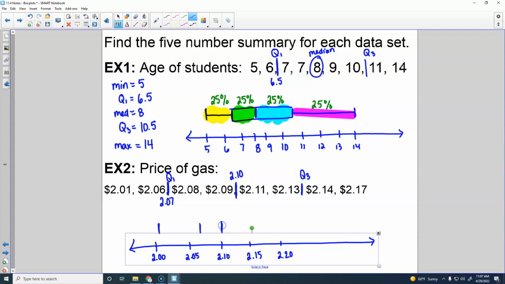210 is my median. What's my third quartile? 12's not between 13 and 14. What's between 13 and 14? 13 and a half, so 2.135. So 2.135 is probably about right here. And then 217 would be about right here.